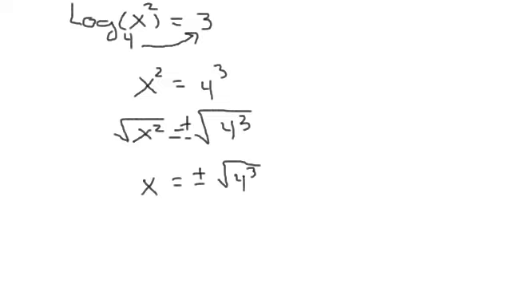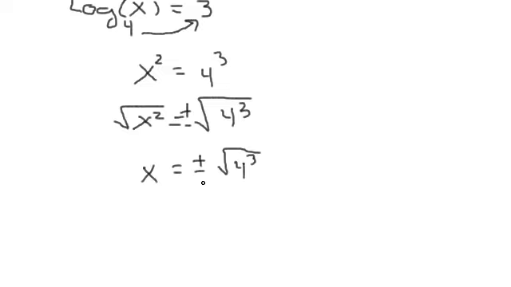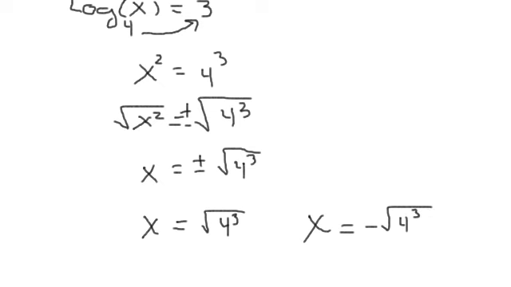What is that? Well, we can actually simplify this down a little bit after looking at it for a second. This is 4 squared times 4 under the radical.